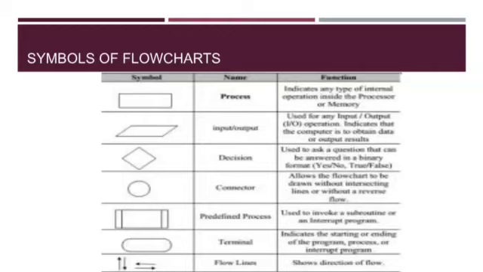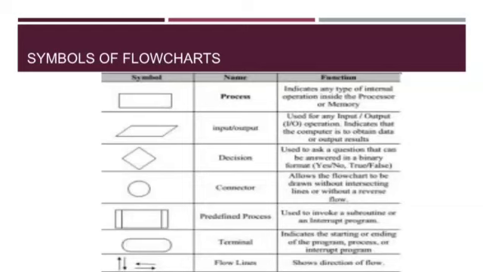Then the predefined process, a rectangle with two lines. It is used to call a predefined process, that means functions in a program. Then the circle is used as a connector.